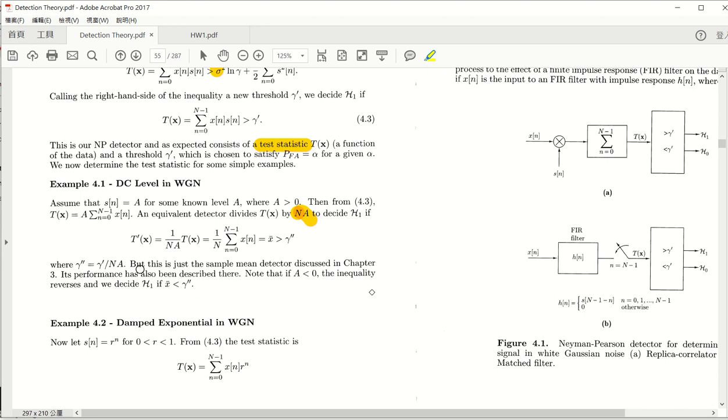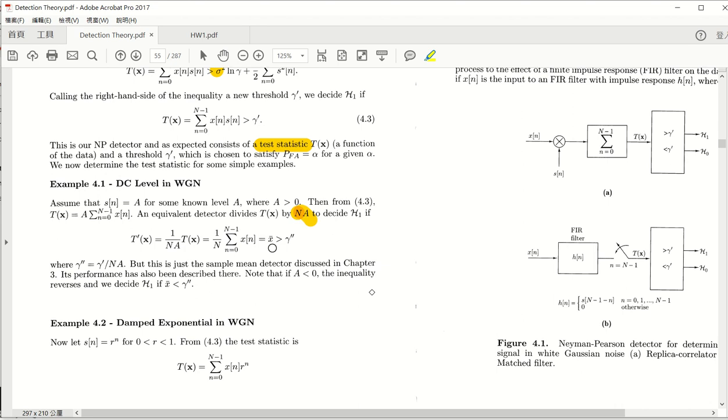So we change gamma prime divided by NA to gamma double prime just to make the notation simple. But this is just a sample mean detector, right? So the sample mean detector will be like this.